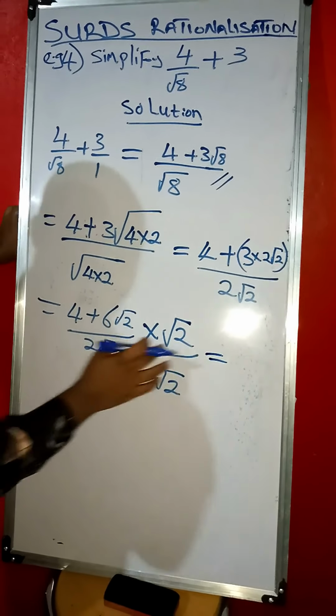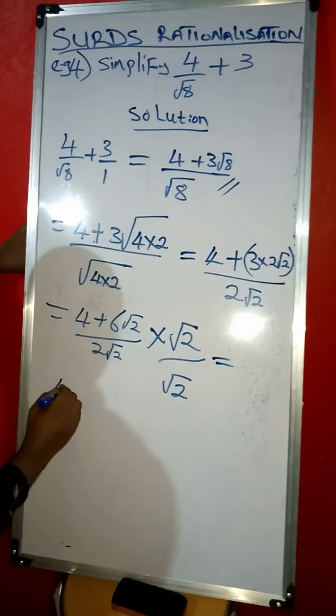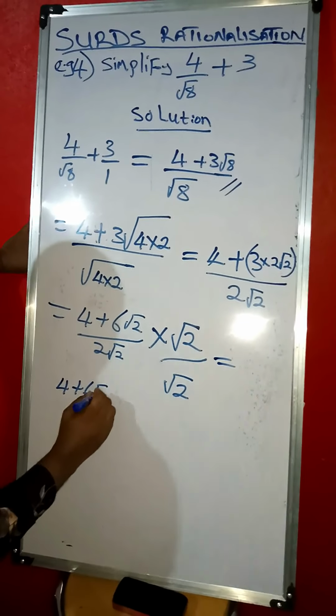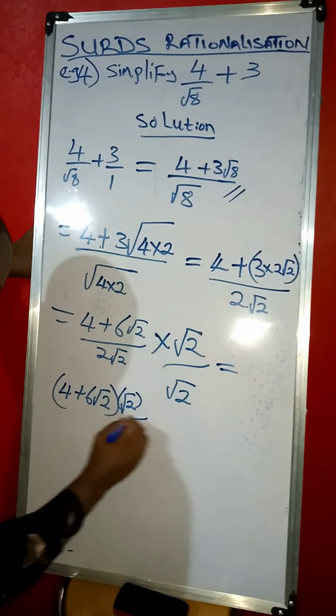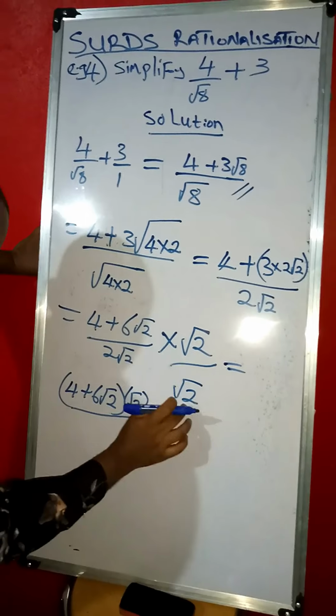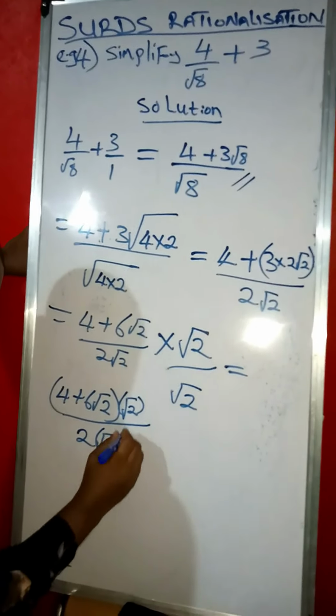So this root 2 multiplies everything here. So I'll be having 4 plus 6 root 2, bracket of root 2, all over this 2 root 2 multiplied by this will give me 2 root 2 squared.